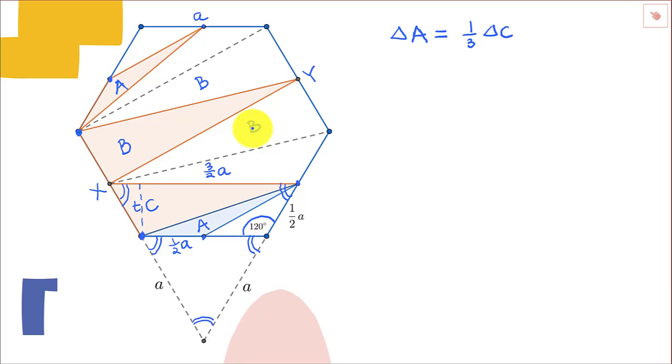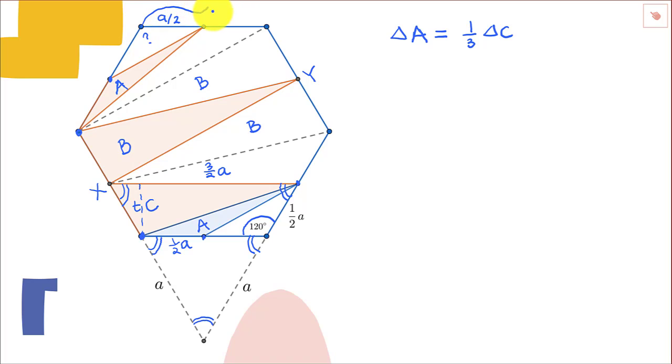So what else that we don't know yet? How about this one? Notice by similar triangles, this triangle is similar to that triangle. Since the proportion of the smaller triangle compared to the bigger triangle, remember that this leg is half of A, right?